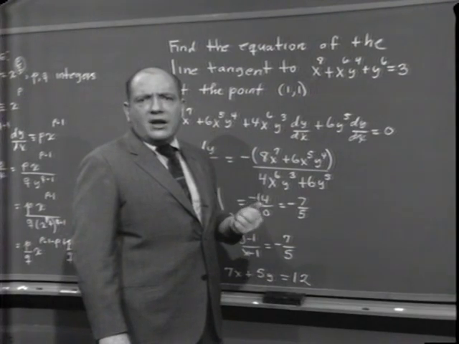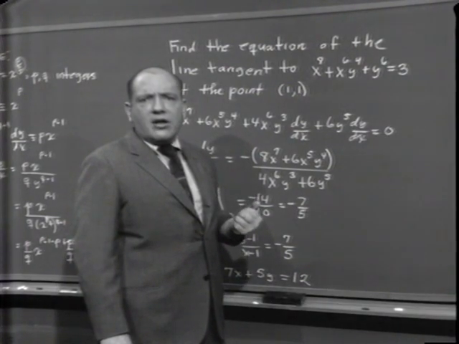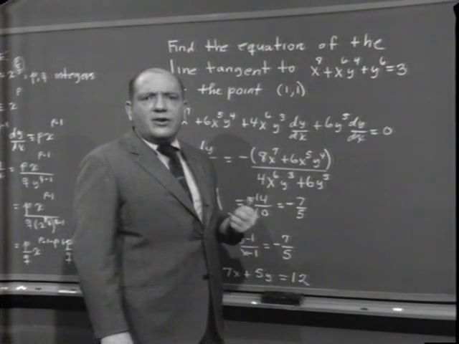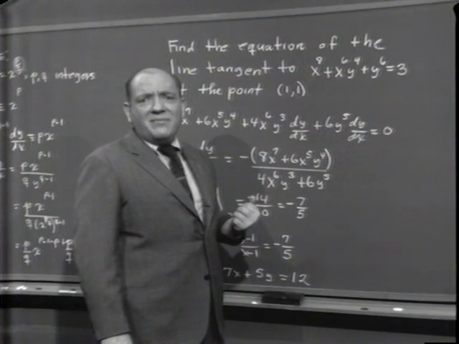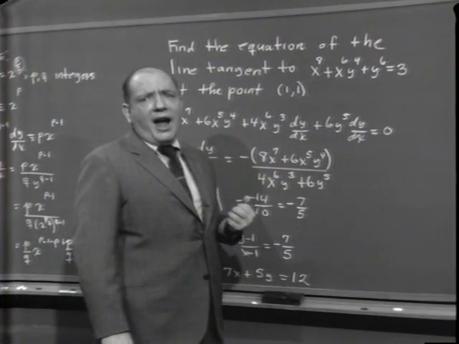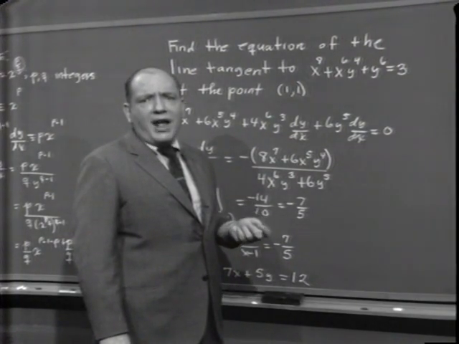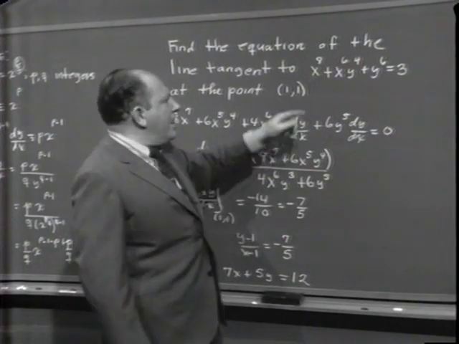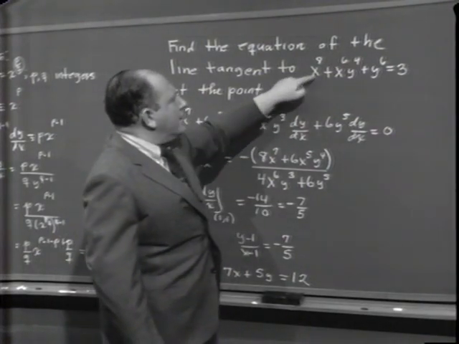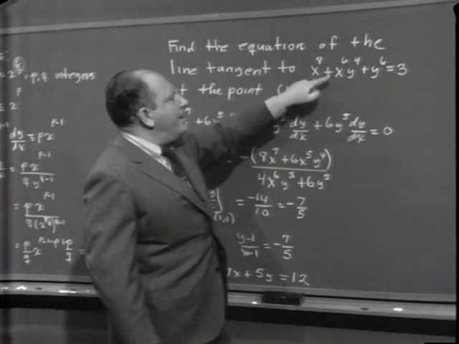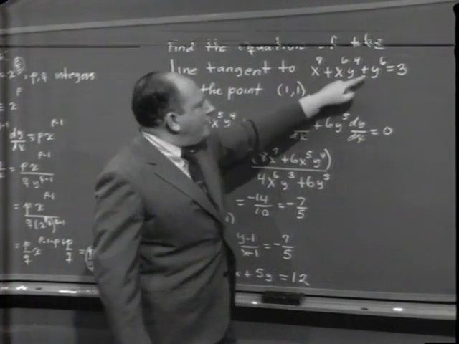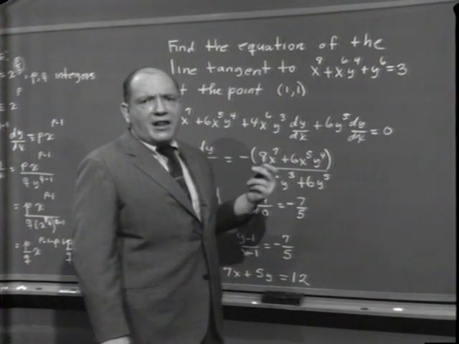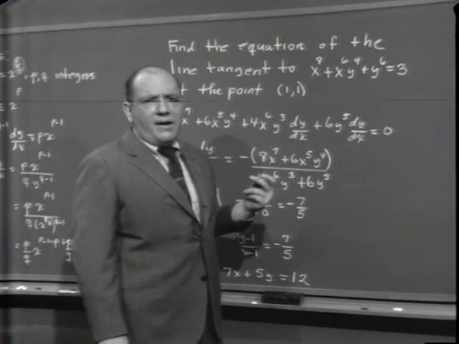But quite frankly, solving polynomial equations which are higher than degree 2 is a very difficult task. In fact, if the degree is greater than 4, it may even be an impossible task. I'm not going to go into that now because it's not that crucial. What is crucial is to observe that this particular problem makes sense. It's a meaningful problem. It would be difficult, if not impossible, to solve for y explicitly in terms of x here. Okay?